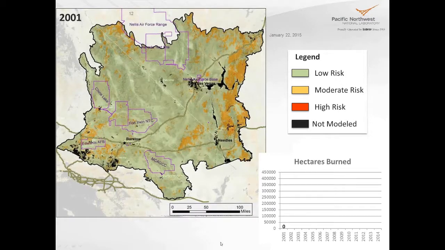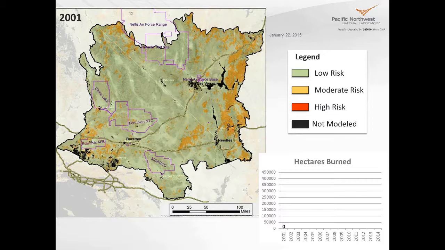So we developed the model, built it, and then we went back to the data and we ran it just like we would in a preseason fashion for all the years in the historic record, because we had all the fires, all the acreages of hectares burned for every year.